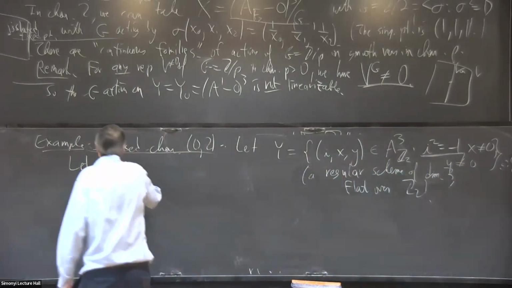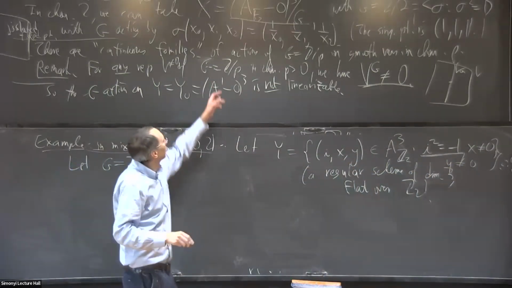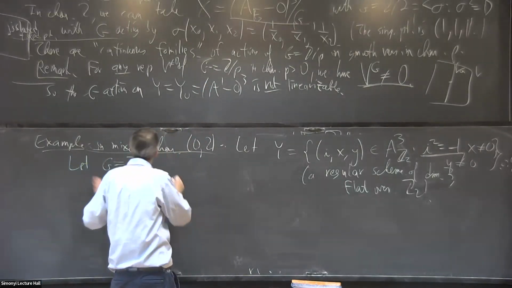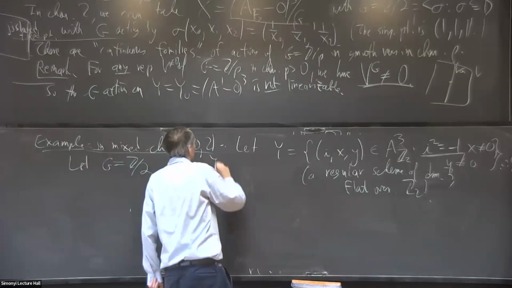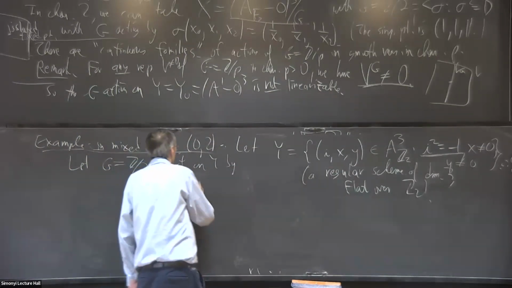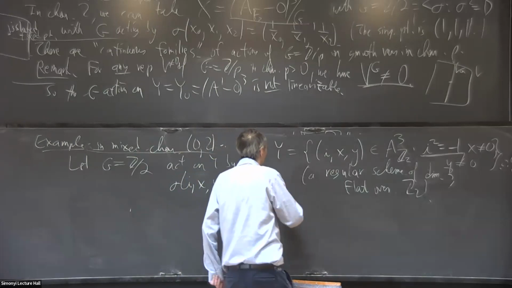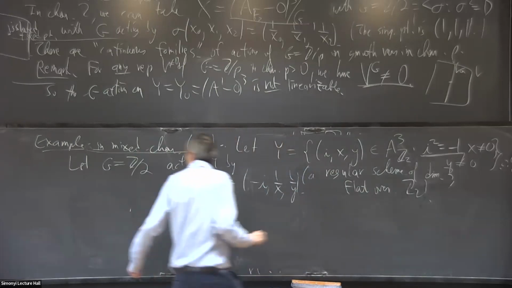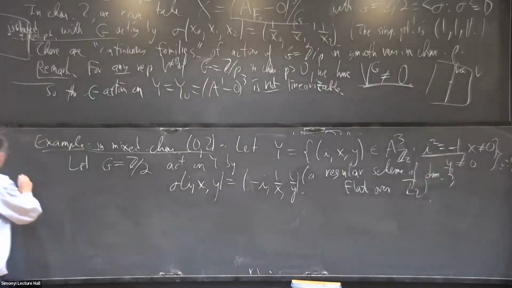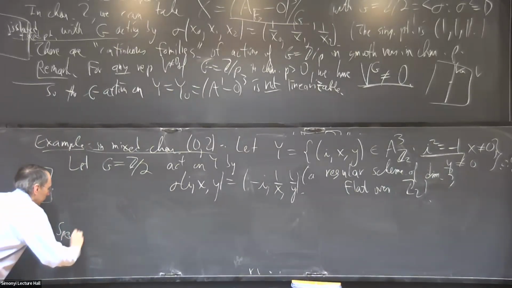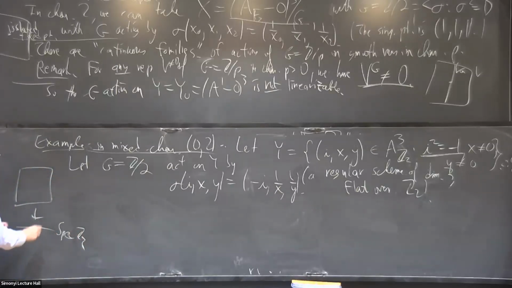And basically, I just want to imitate that example. So again, the idea is I make the simplest example that I can with an isolated fixed point. So it acts on y by sigma: y goes to minus i times 1 over x times 1 over y. And again, sort of the same thing happens. So again, this is a 3-dimensional scheme, sort of like the previous example, but now living over Spec of F_2.